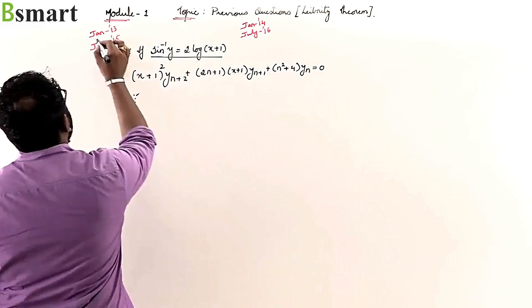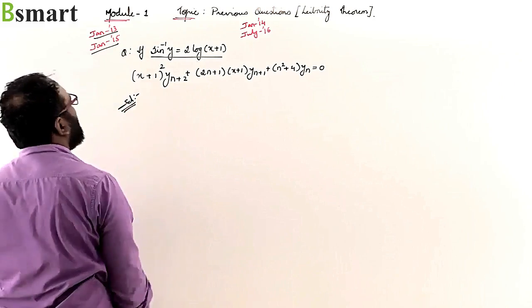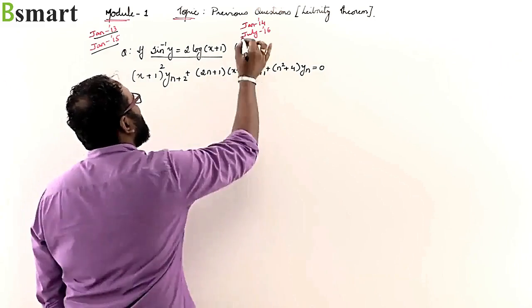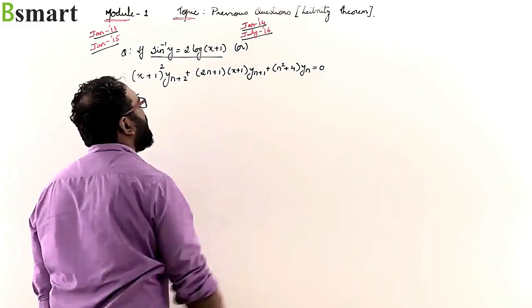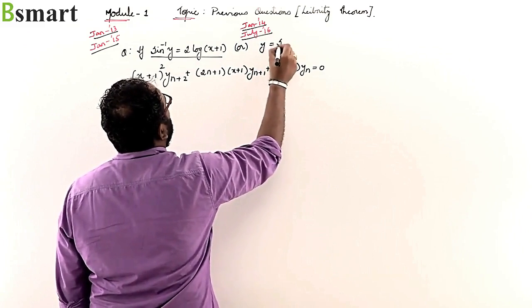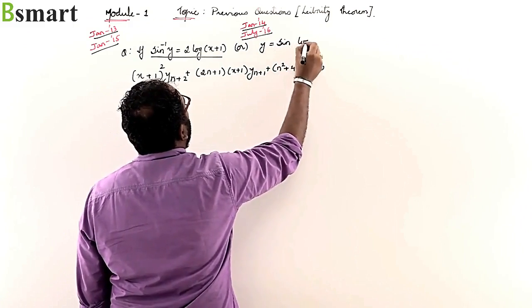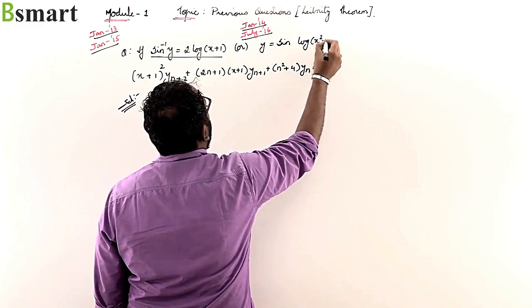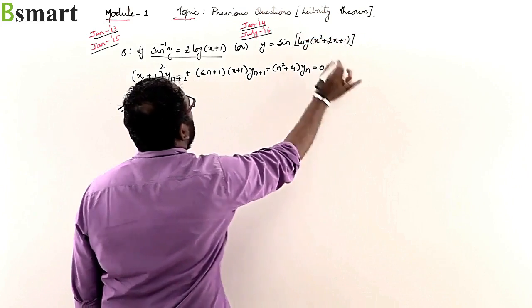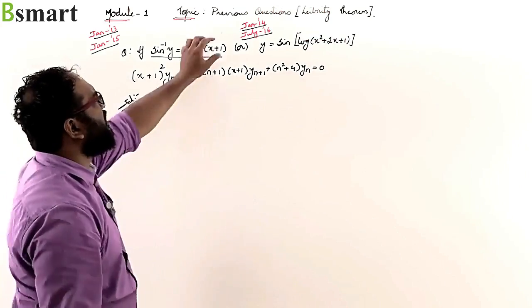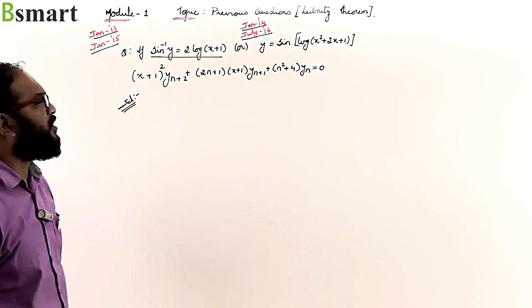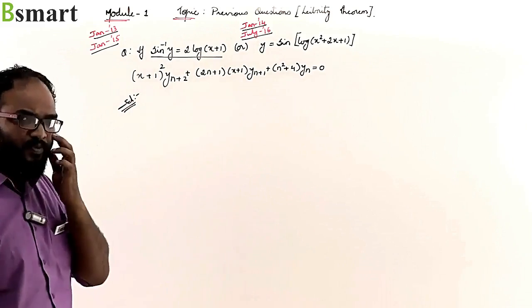So this question was asked in Jan 13 and Jan 15, or the same question was asked in January 2014 and July 2016 as y is equal to sin of log of (x² + 2x + 1). So the same question was asked 4 times, 2 ways in this way and 2 ways in this way. So totally this question was asked 4 times.